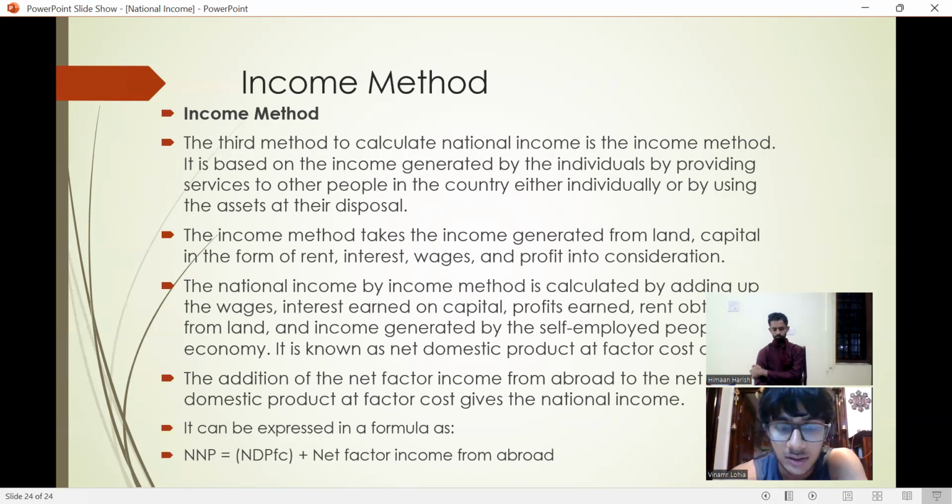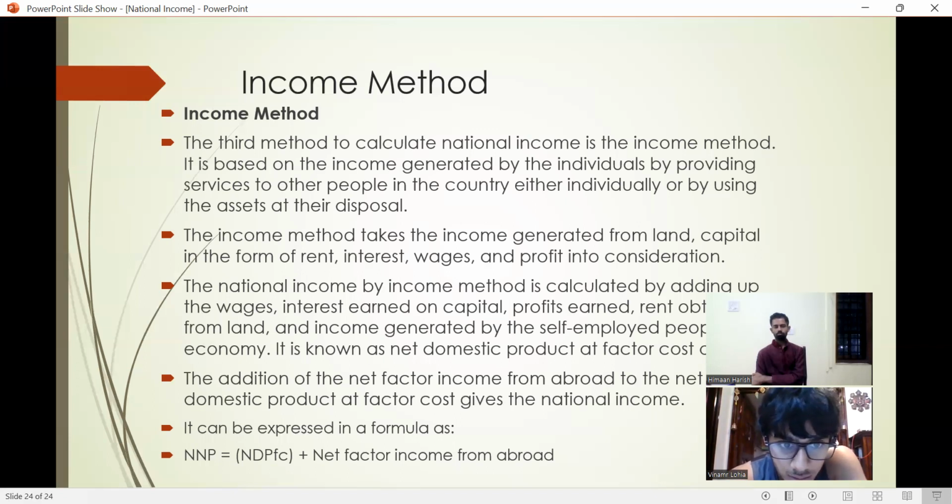The income method takes the income generated from land and capital in the form of rent, interest, wages, and profit into consideration. The national income by income method is calculated by adding up the wages, interest earned on capital, profit earned, rent obtained from land, and income generated by self-employed people in an economy. It is known as net domestic product at factor cost, NDP at FC.